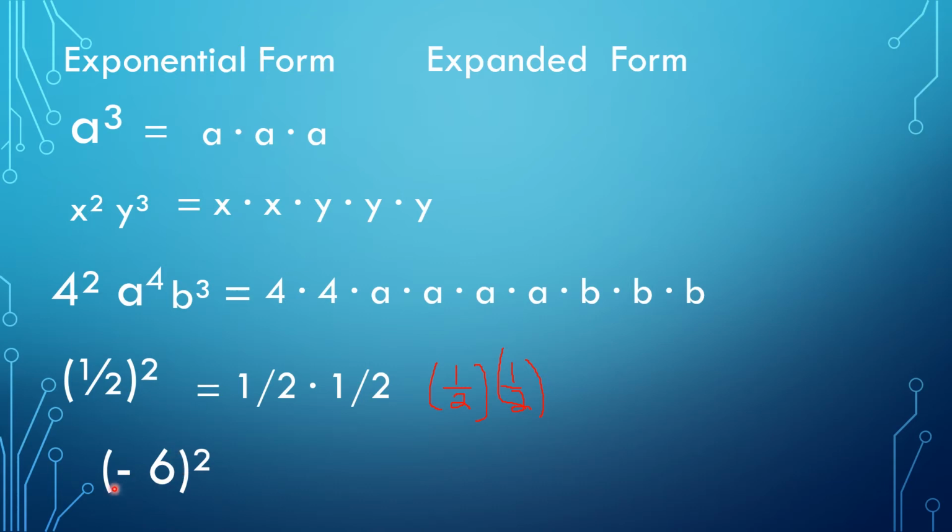Here, the negative is inside the parentheses, which means it is included in squaring. So when you are going to square that or multiply that twice, it means -6 times -6. Or you can also use parentheses, -6 times -6.